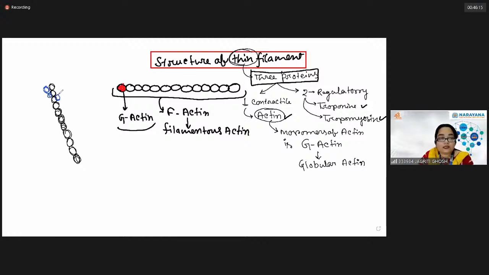They are intertwined or spiraled, one attached to another. So now we have 2 F-actins. These 2 F-actins are again spiraled by another protein known as tropomyosin. The tropomyosin protein wraps the F-actin complex like this.